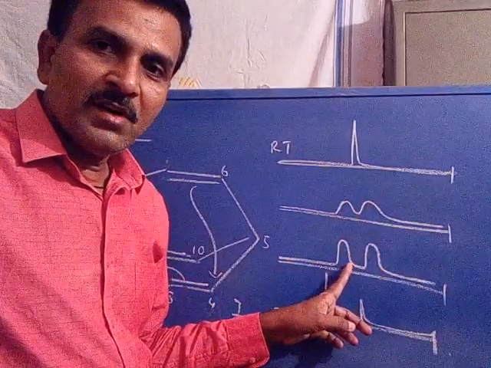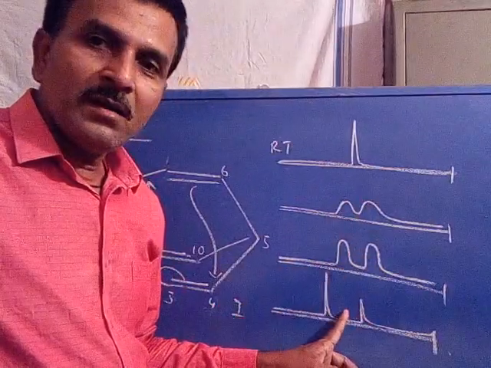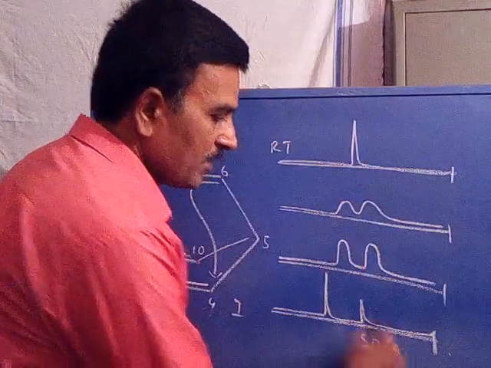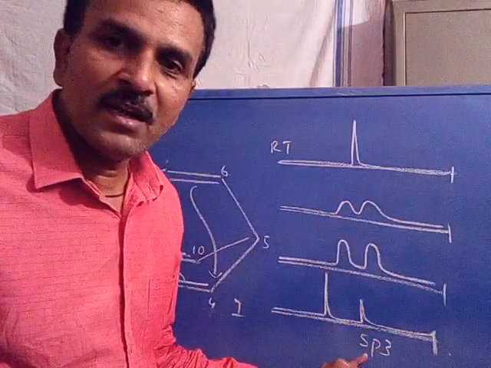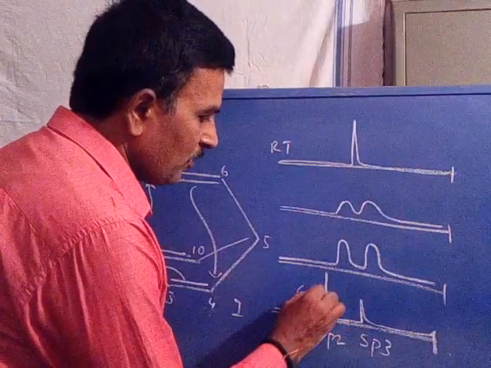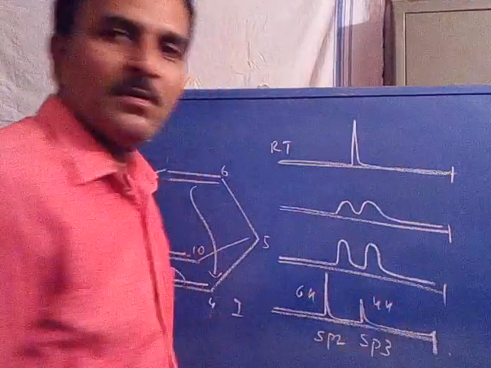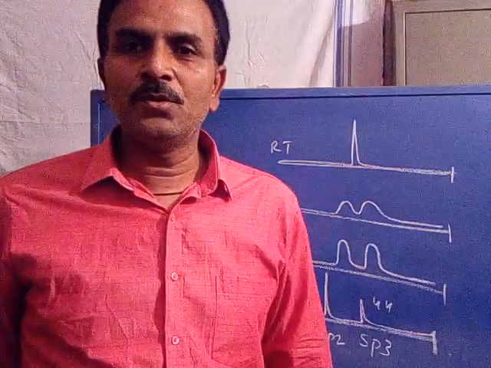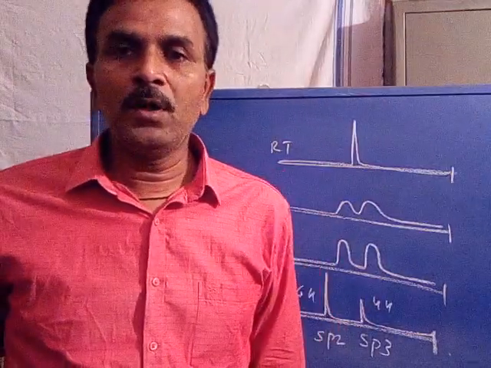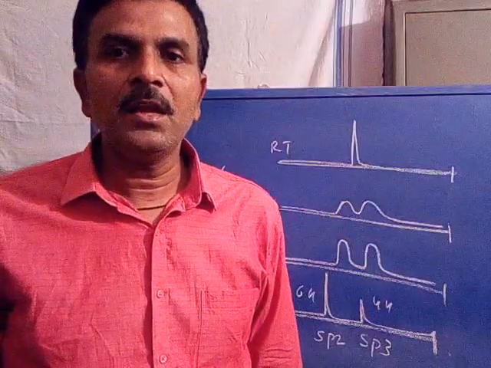Here, somewhat separation, then full separation. This is protons on sp3 carbon, and this is protons on sp2 carbon. 4 hydrogens are attached to sp3 carbon, and 6 hydrogens are attached to sp2 carbon because it contains 3 double bonds.